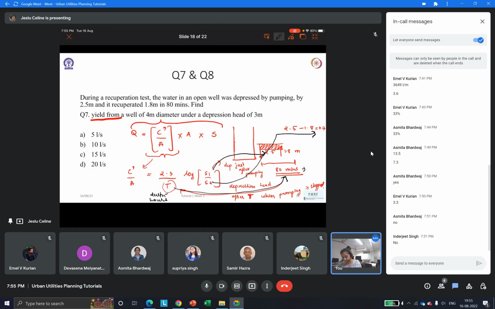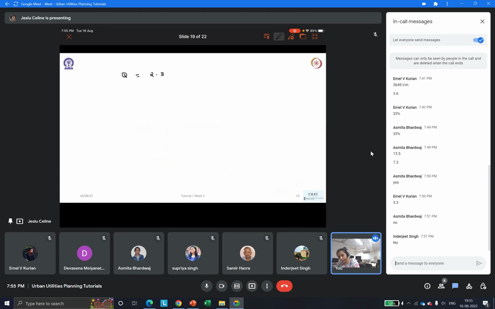So that is one catch over here. 80 minutes is 80 by 60, which will be 1.33 hours. So it's 2.3 divided by 1.33 into log of 2.5 divided by 0.7. This is the specific yield which we are finding.